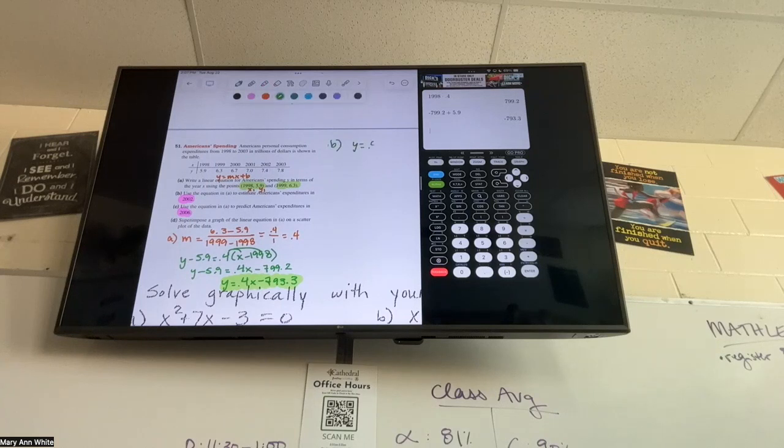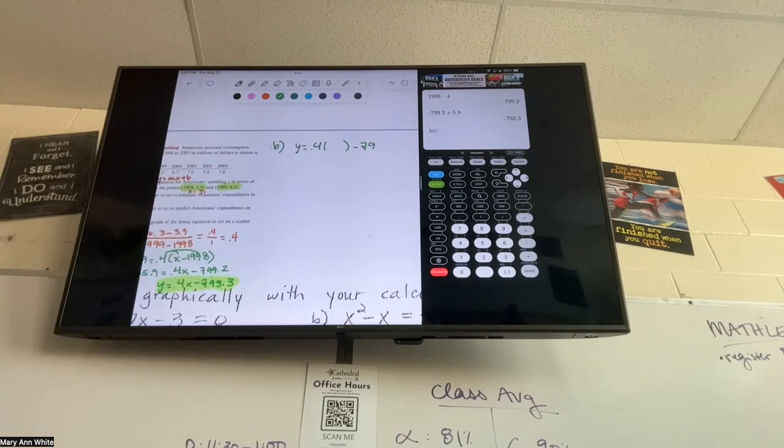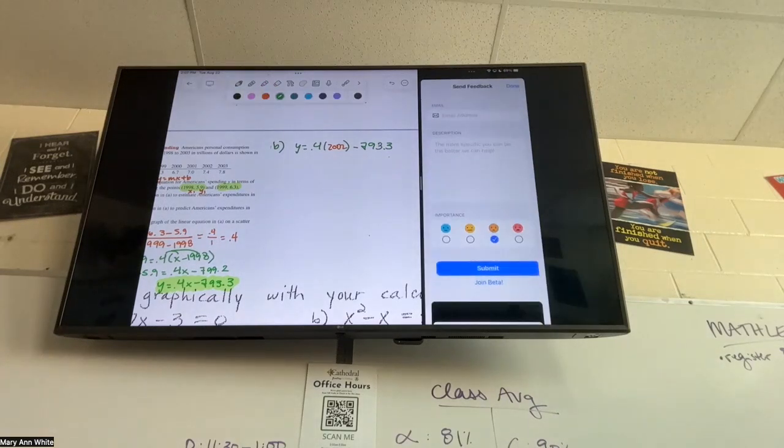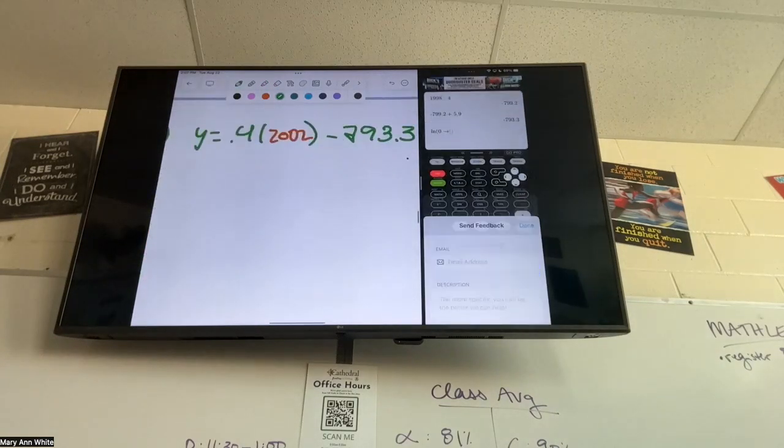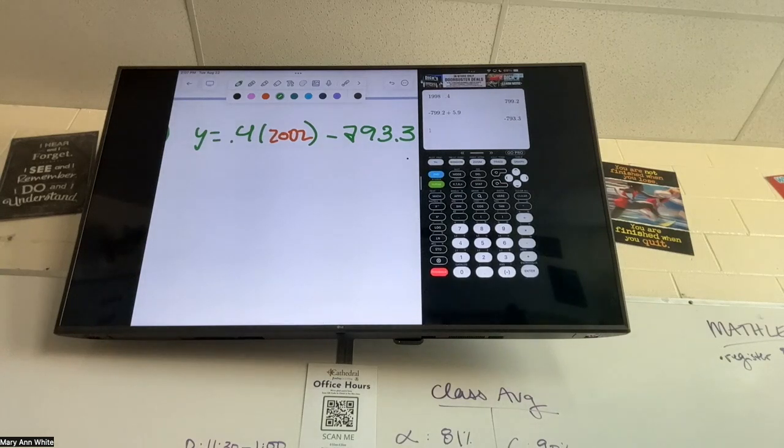Y equals 0.4, but instead of X, we're going to write 2002, minus 793.3. 0.4 times 2002, and then minus 793.3. Y equals 7.5.